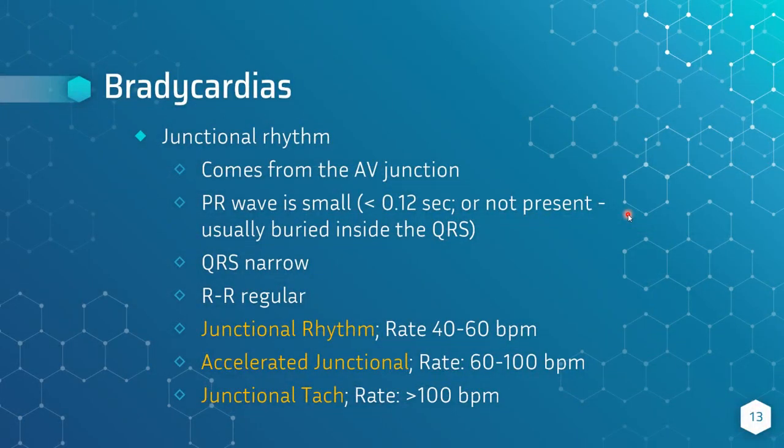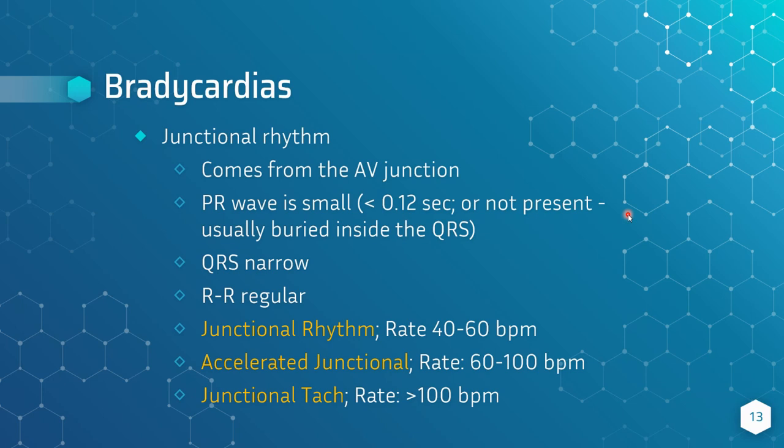So that was our sinus rhythms. So the SA node is in the atrium. Let's say the SA node does not fire. Then the next pacemaker comes from the AV junction or the AV node. So if the SA node doesn't fire, the AV node fires, and it sends an impulse down to the ventricles.